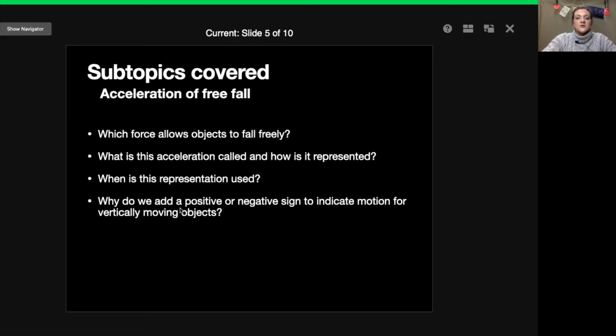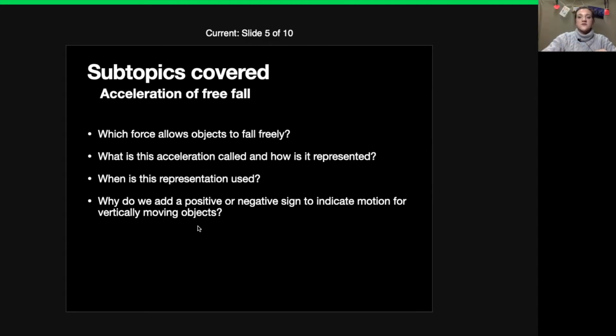Why do we add a positive or negative sign to indicate motion for vertically moving objects? This is to indicate the direction that the object is moving. Remember, acceleration is a vector, which means that it requires us to show which direction it's moving.